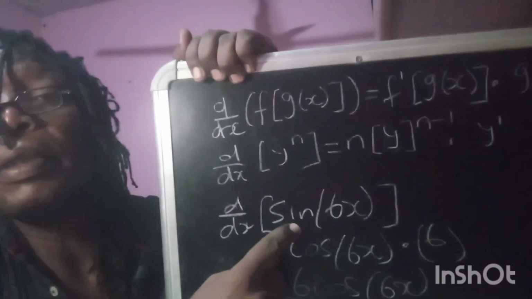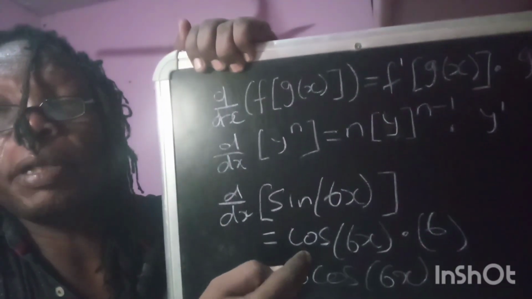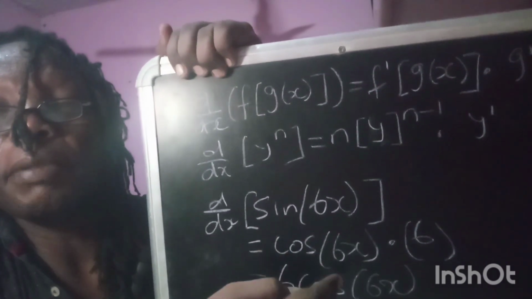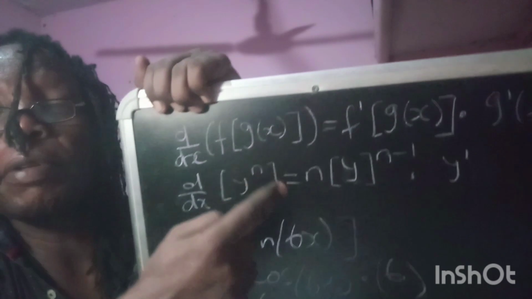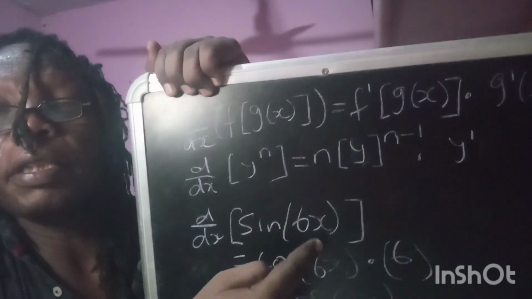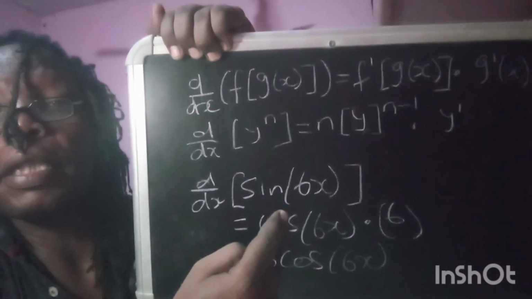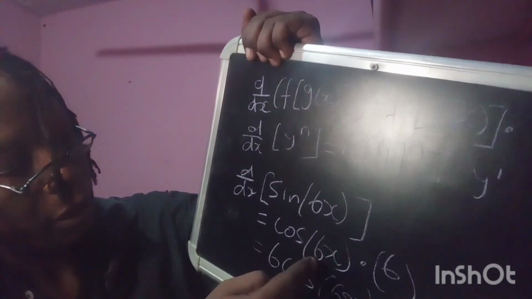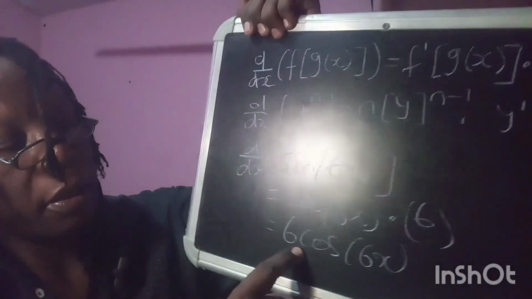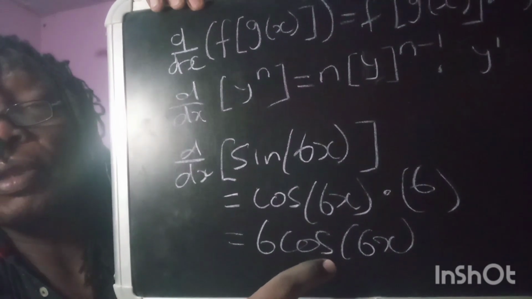Here, d over dx of sine 6x: you differentiate this, it becomes cosine, and 6x remains the same. Then you differentiate the 6x according to this formula, the composite function. The answer is given here: cosine 6x, then into 6x.